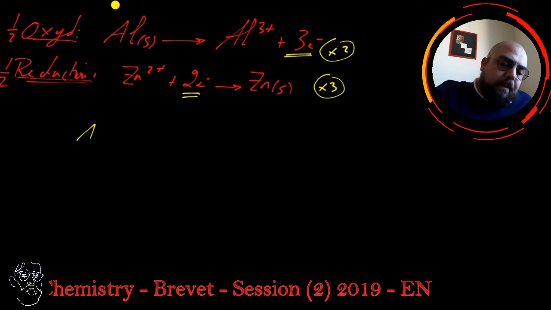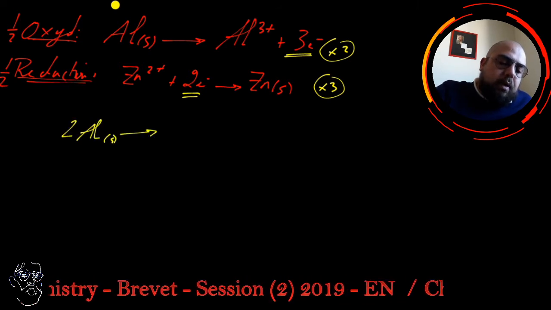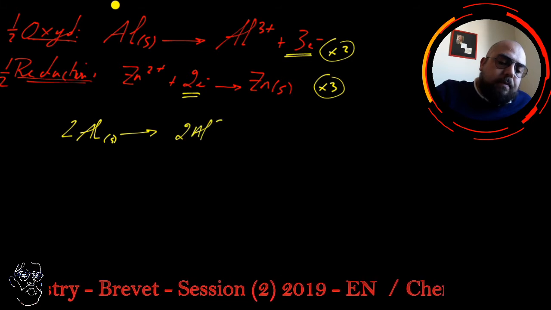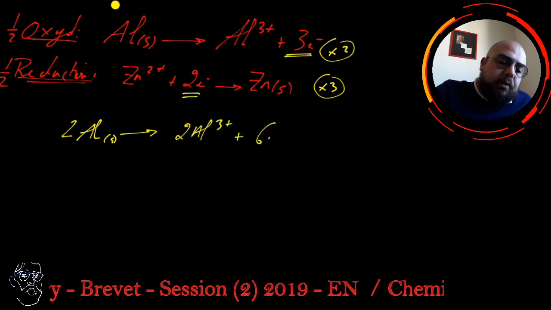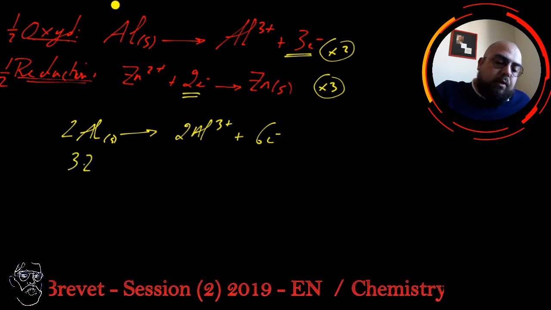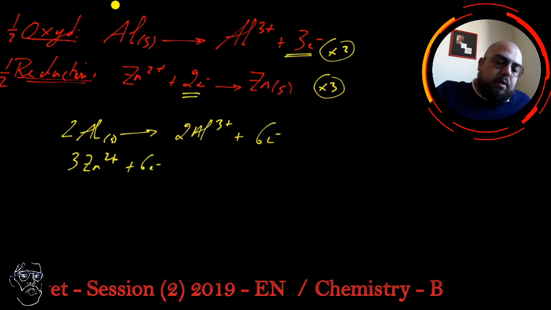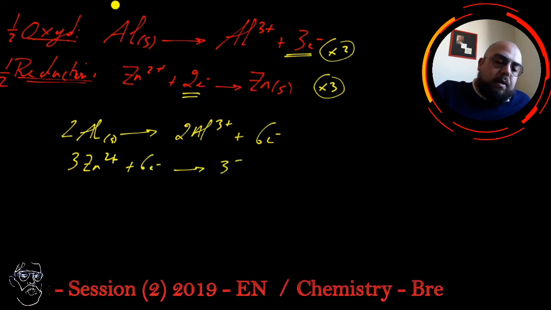So I will have 2Al giving 2Al3+ plus 6 electrons, and I will have 3Zn2+ plus 6 electrons, which gives me 3Zn.